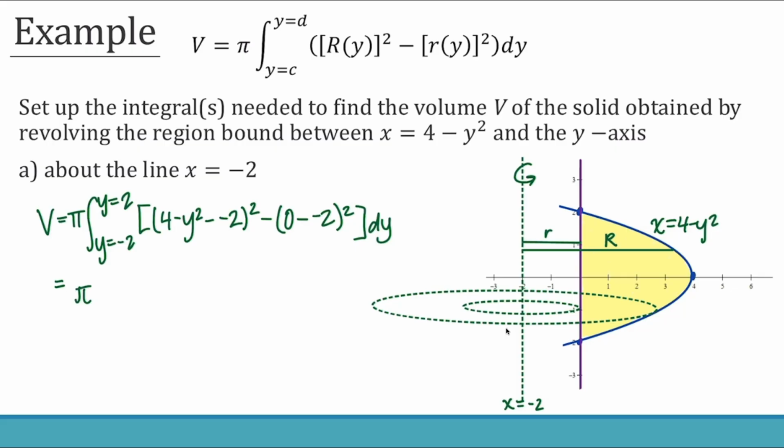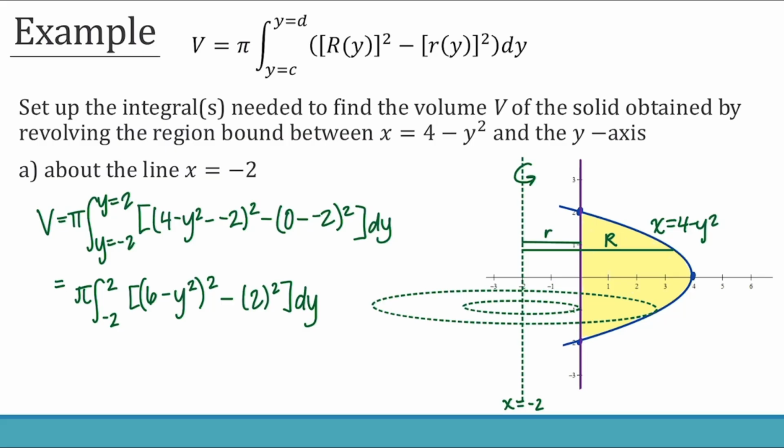We have pi, the integral of -2 to 2 of, inside here, this minus the negative is plus, so that's a +2, and there's a 4 in there. So 6 minus y squared, all of that squared, that's big radius squared, minus the little radius squared, 2 squared, dy.